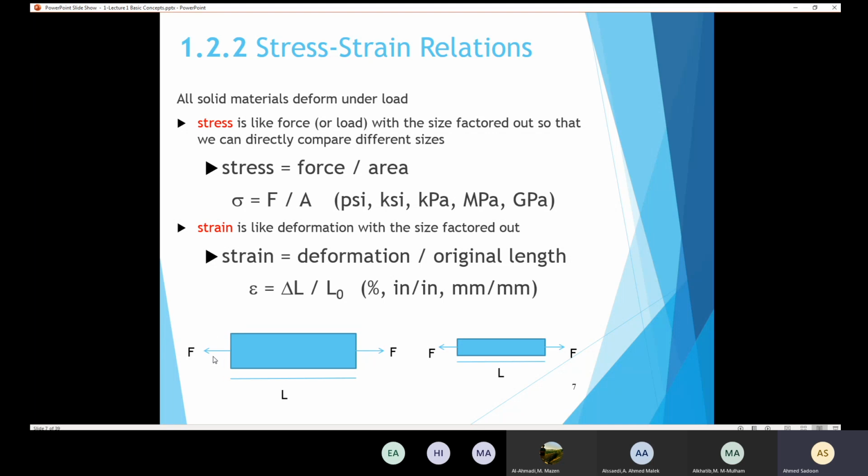So the deformation delta L, I divide by the original length, and in that case the strain is going to be the same for this case and for that case. So in order to compare different materials, I need to determine the stress and the strain, because the force and the deformation are not going to help me compare different materials.